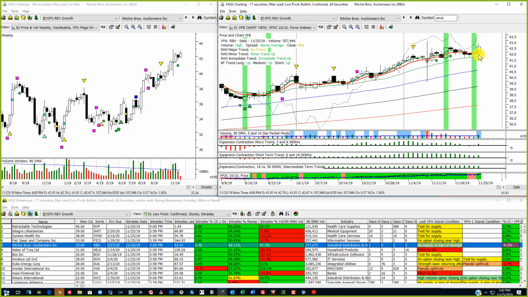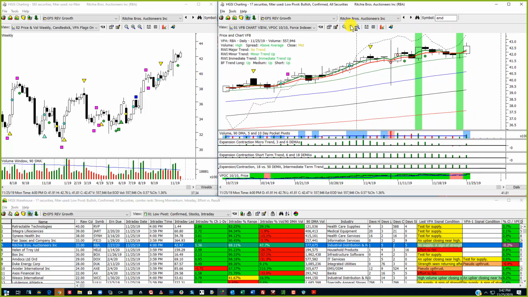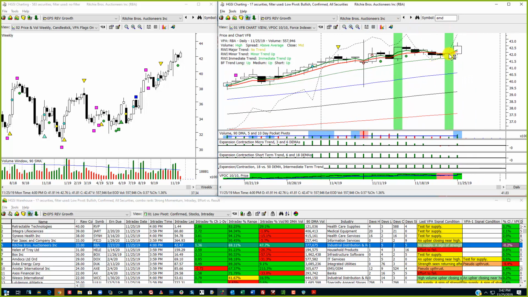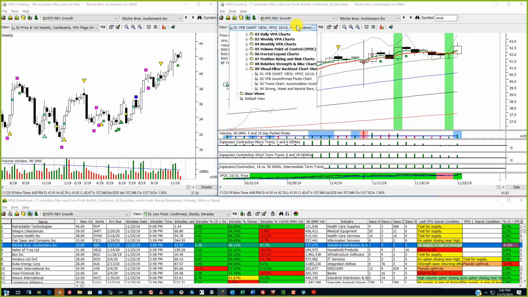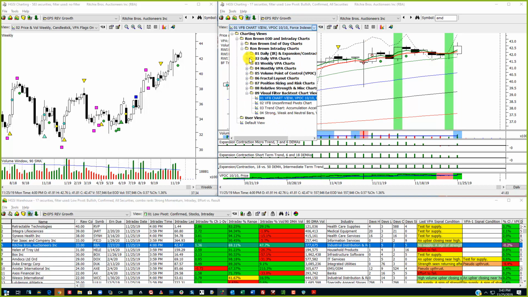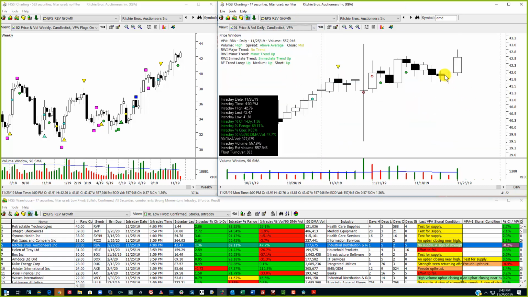But I consider this a confirmed stock because if you look very closely, this high here is higher than the closing price from the prior day. That's just the way I had to put this filter together. So I considered this pivot already confirmed, and Ritchie Brothers passed that test today.